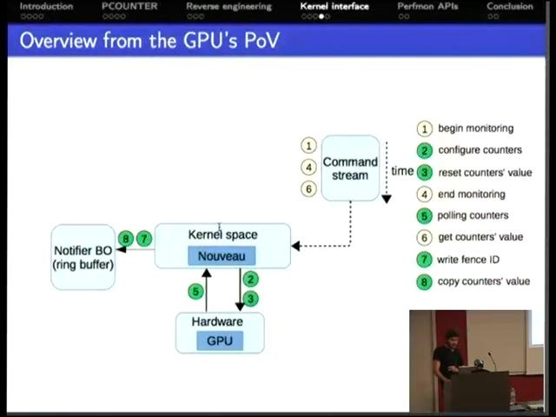And when the end monitoring command is invoked, Nouveau polls all the counters and stores the value of all the counters and the number of cycles. After, it writes a fence ID, which is a sequence number, and the value of the counters to the notifier buffer object.